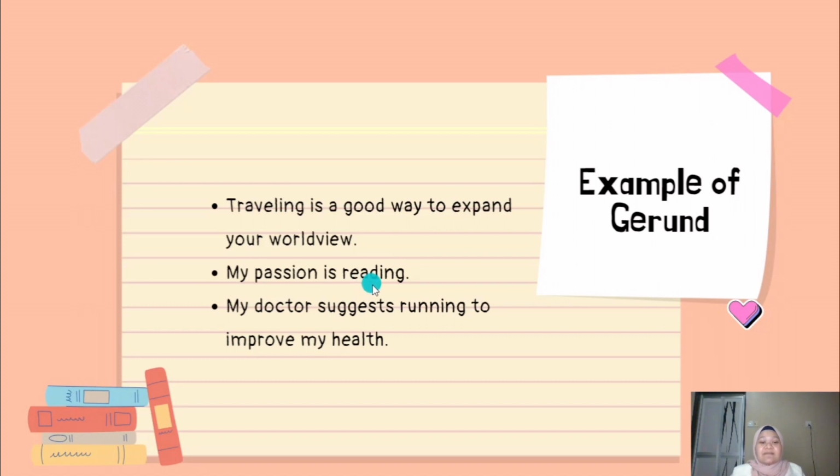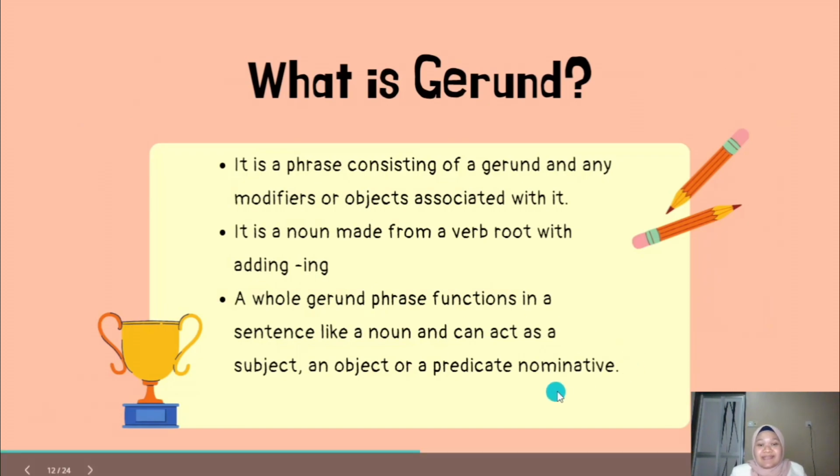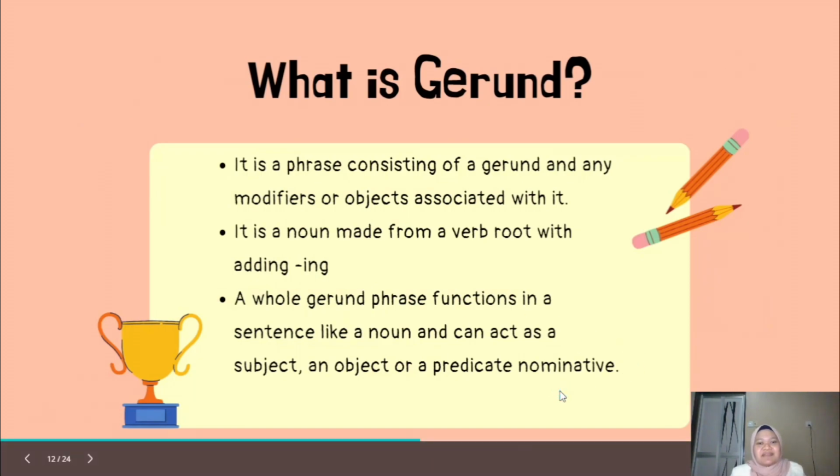Number 3. My doctor suggests running to improve my health. So this word running is the predicate nominative.